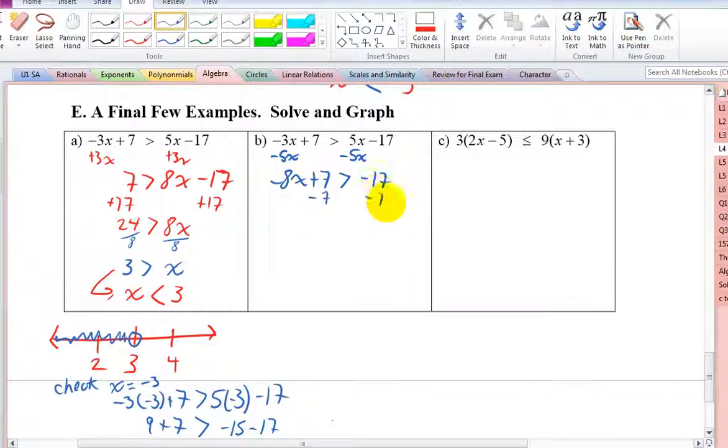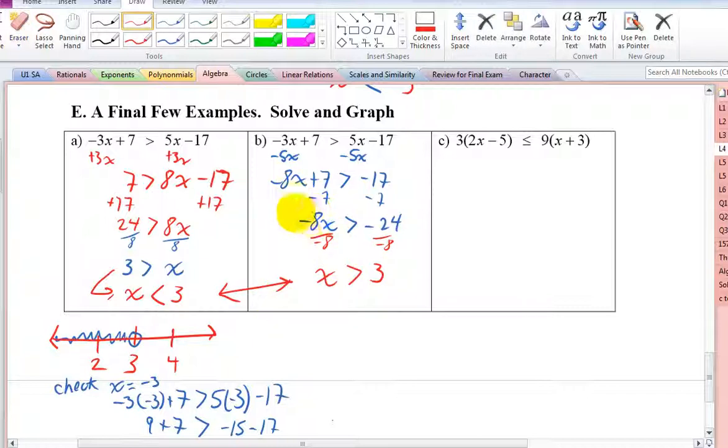Is there anything wrong with subtracting? No. So negative 8x is greater than negative 24. Now we're going to divide by negative 8. So I just want to show you something here. x greater than 3. Are these the same? No. Why? Same question. Why aren't they the same?